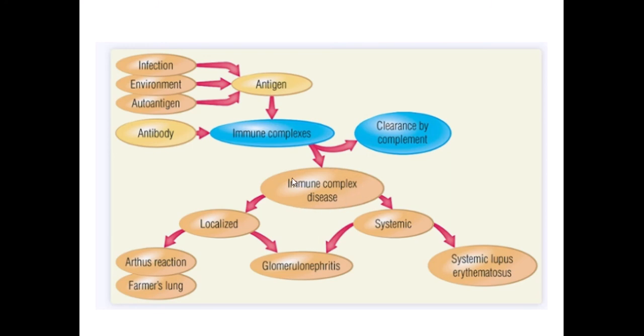So when the immune complexes develop, either they will be cleared out by the complement, or they could be localized in one area, like giving an injection, for example, of a vaccine, and if the patient is immunized already and has antibody, then immune complexes will develop at the site of the injection, and we call that an Arthus type of reaction if it is localized, or in what we call farmer's lung syndrome, for example. The same thing here.